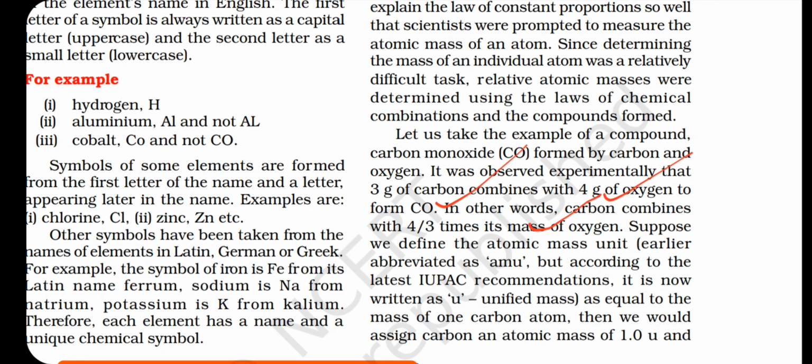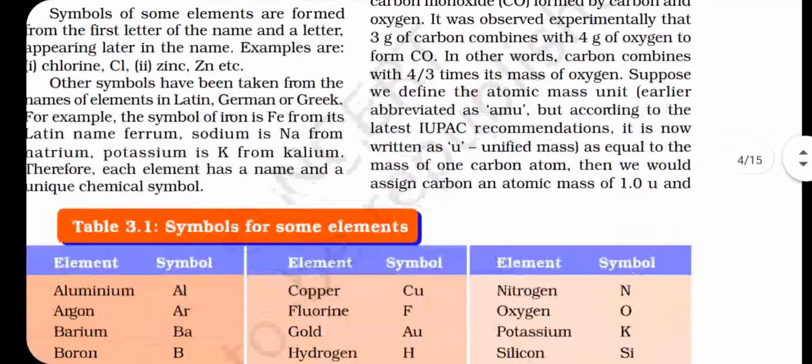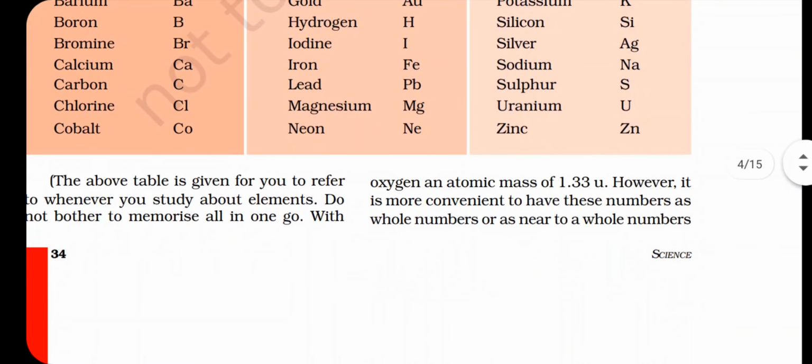Suppose we define the atomic mass unit, earlier abbreviated as amu, but according to the latest IUPAC recommendation it is now written as u, the unified mass, equal to the mass of one carbon atom. Then we would assign carbon an atomic mass of 1.0 u, and oxygen an atomic mass of 1.33 u.